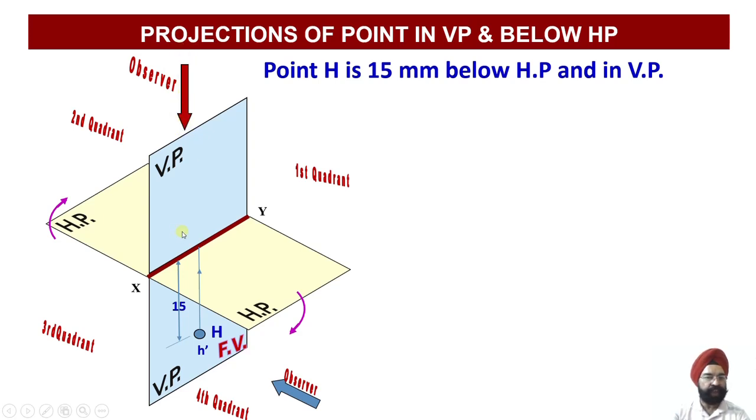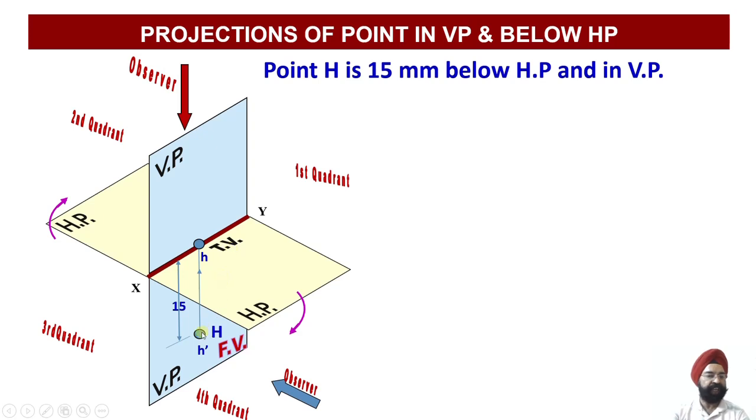Once the observer is looking from the top, the projection of this point H will appear on my XY line. Why? Because there is no distance from VP, zero distance. It is contained by the vertical plane. So anything which is contained by the vertical plane will be projected on the XY reference line. So the top view, you can see, will be located on the XY line and the name is small h. And this is my top view.